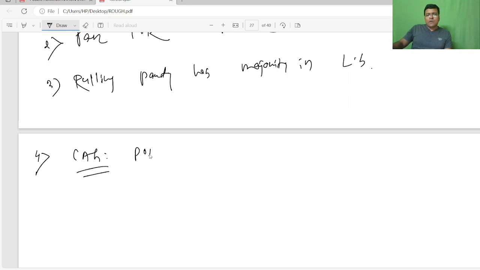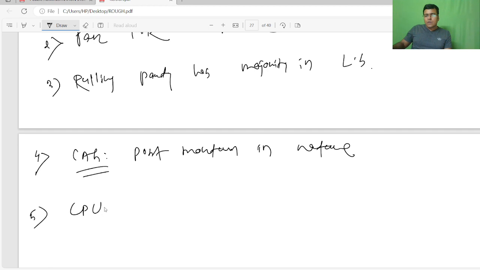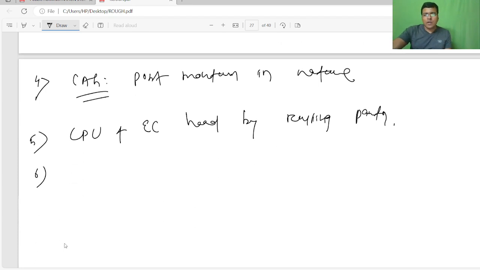CAG's work is post-mortem in nature. The work of CAG is post-mortem in nature. CPU and Estimates Committee are headed by the ruling party.